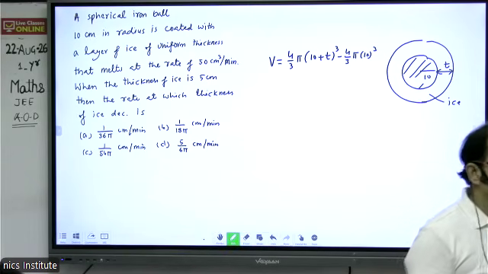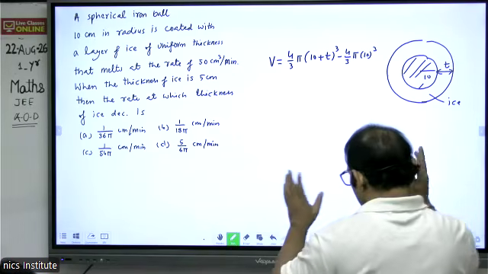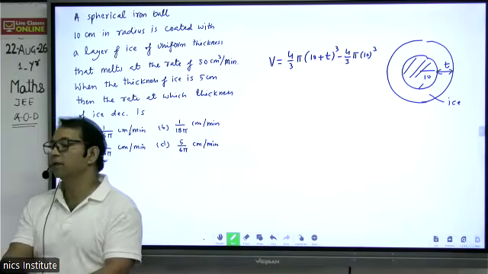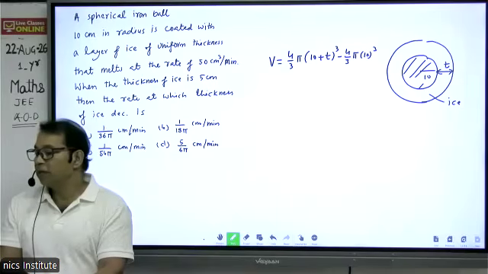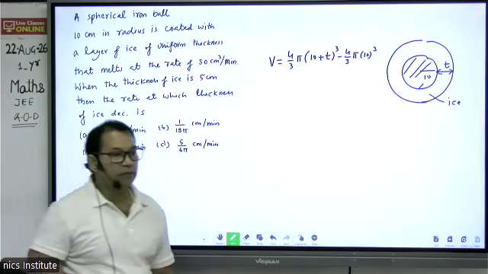Volume of ice is basically the volume of the entire sphere minus the volume of the iron sphere. So this is the volume. Now you can differentiate this with respect to time.